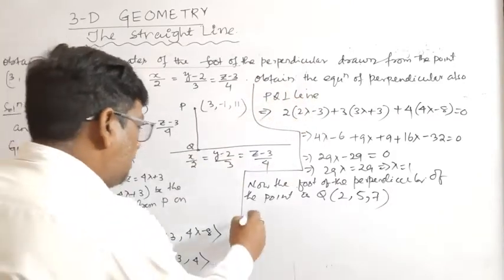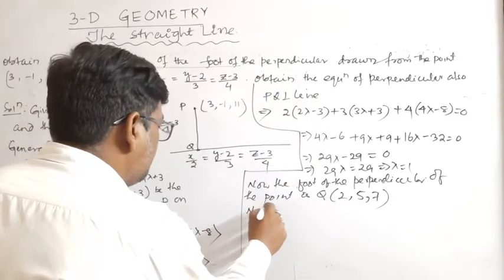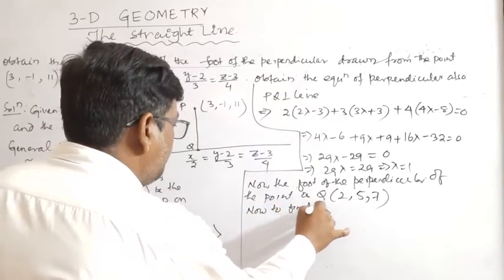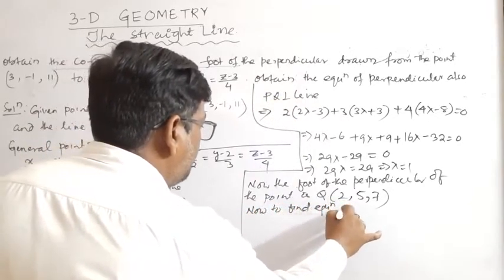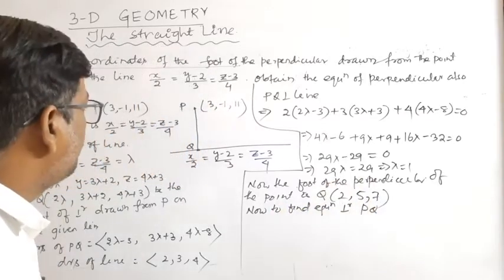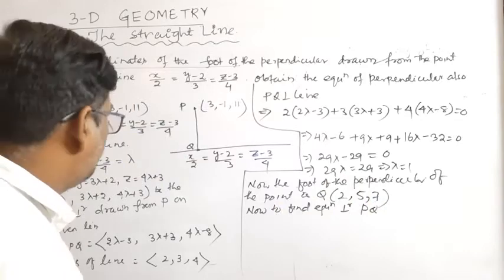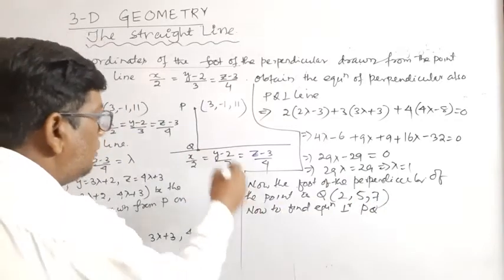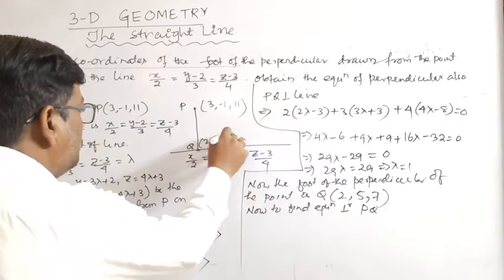Now to find the equation of perpendicular PQ, apply the two-point formula. This point is (2, 5, 7).